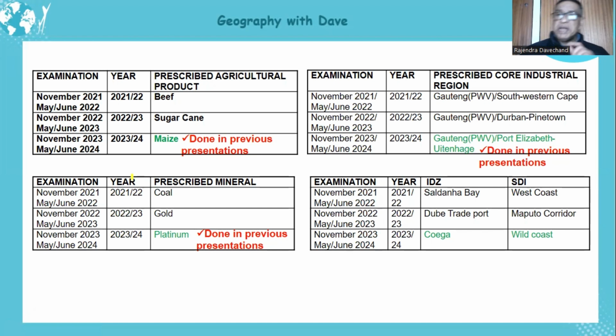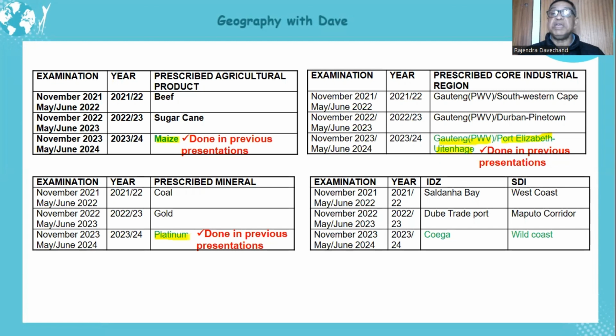Now, I just want to bring to your attention that some of the prescribed sections for economic geography have been covered in my previous presentations. For instance, the one on maize has been done. The Gauteng PWV Core Industrial Region and the Port Elizabeth Uitenhage Core Industrial Region have also been covered, as has platinum, the product from mining.